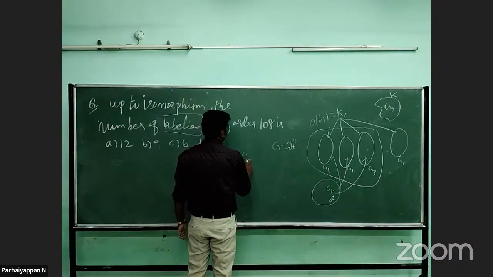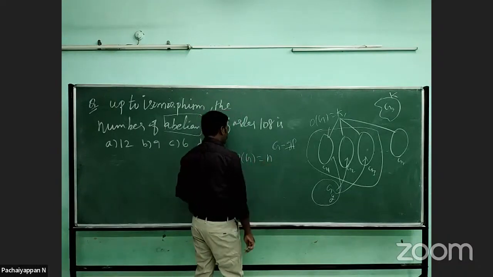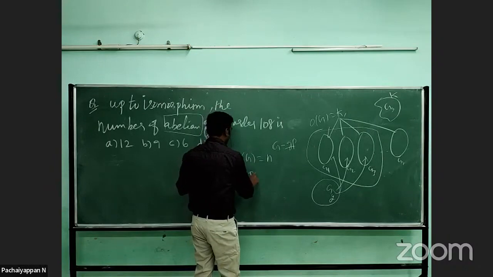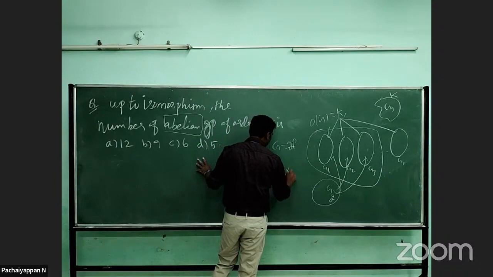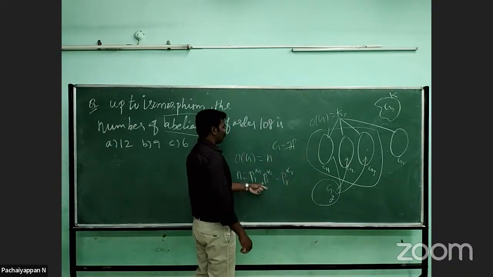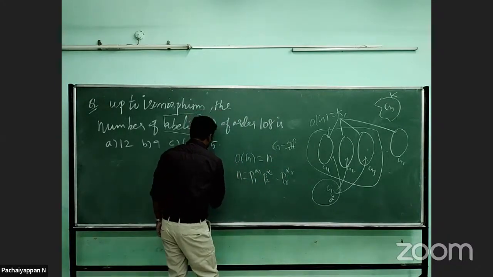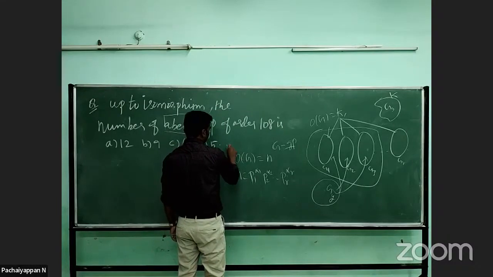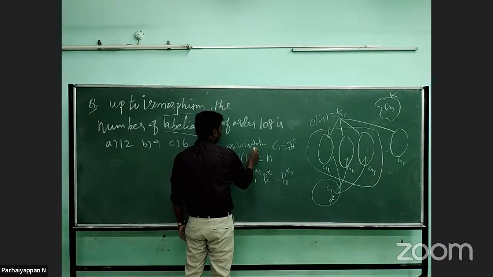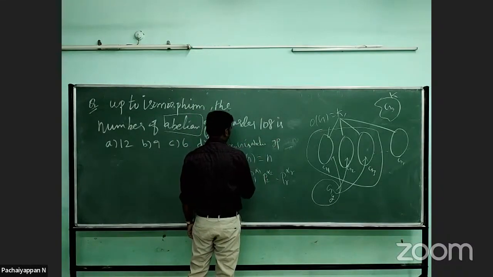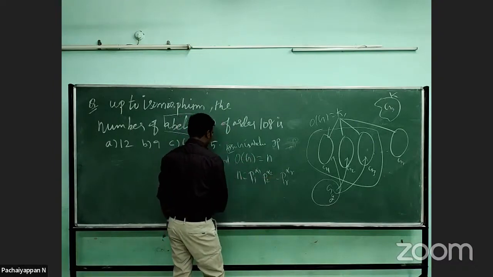If the order of G equals some n, and n equals p1 power alpha 1, p2 power alpha 2, and so on, pr power alpha r, a product of primes. Every number can be written as a product of prime powers. Assume that G is an abelian group and the order of G equals n, written like this.